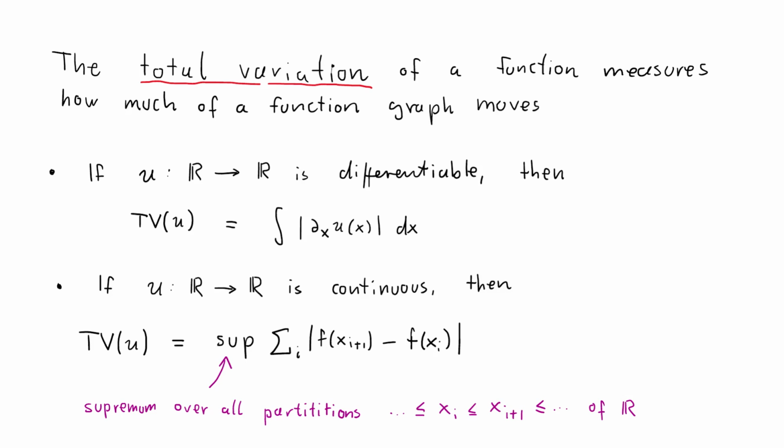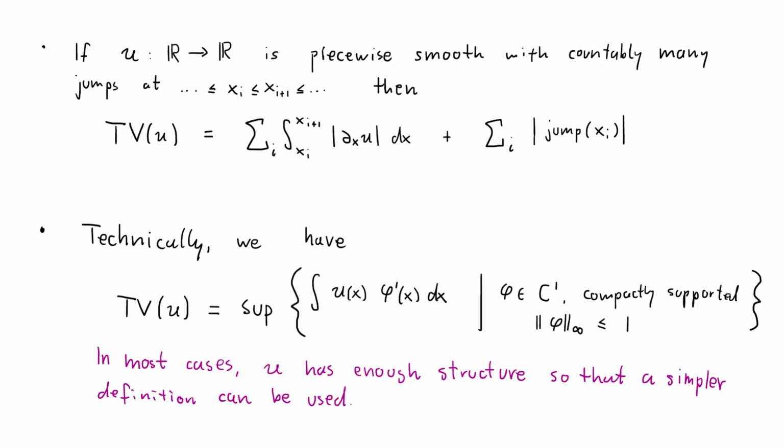So we take all increasing sequences of nodal points along the real line, and for each such sequence, xi, xi plus 1, and so on, we take a look at the sum over all the indices i of the absolute value of u of xi plus 1 minus u of xi. For all such partitions of the real line, we take a look at the corresponding sum, and then we just take the largest one. More precisely, we take the supremum of those.